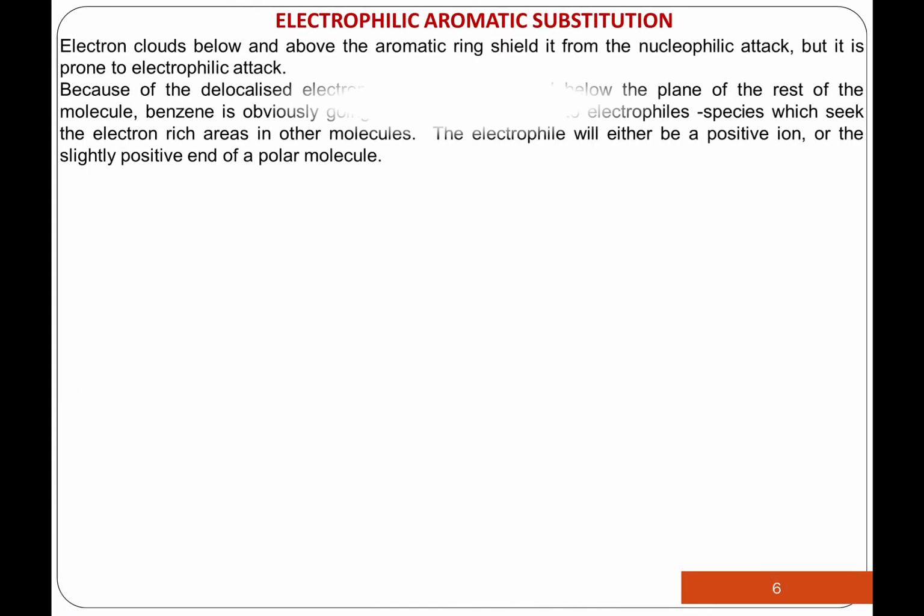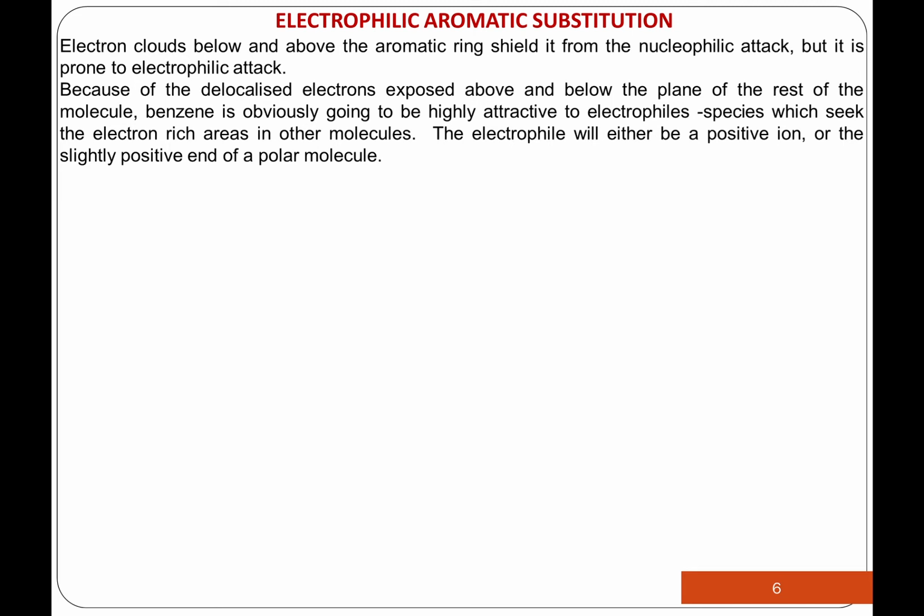Let us see it in much more detail. Just recollect the benzene ring system, which is a flat ring system, and over and above the ring system there are uniformly distributed pi electron clouds.